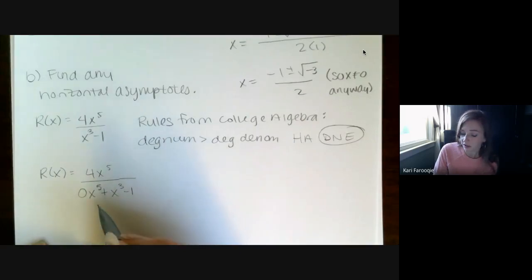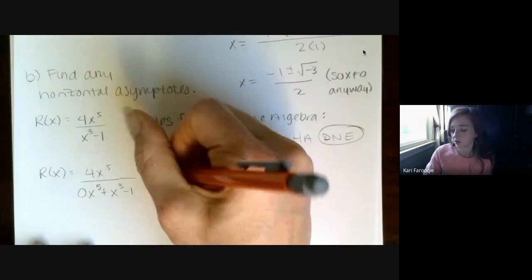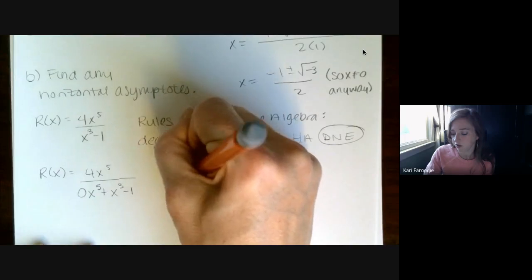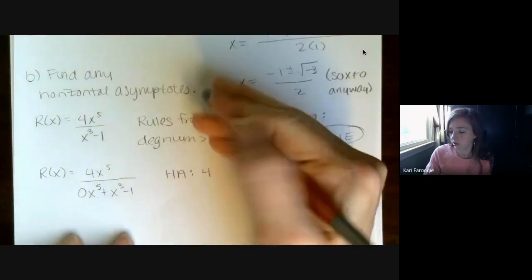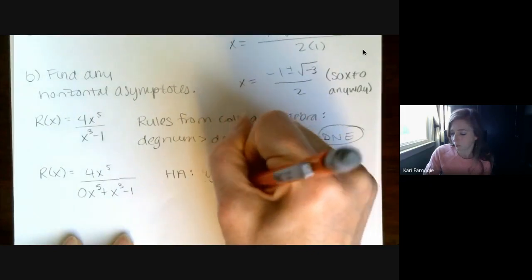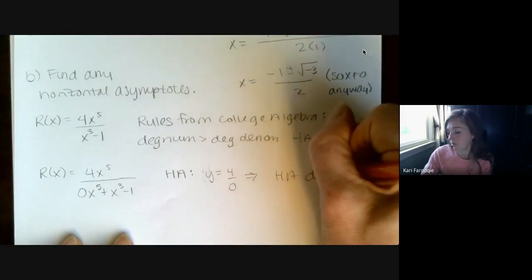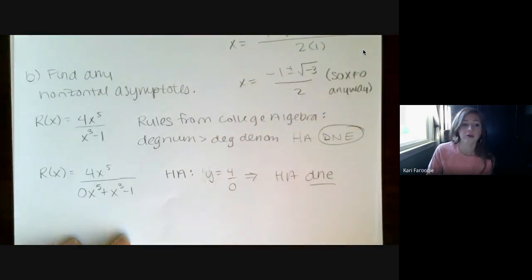The reason I did that was because I want their degrees to be equal, because I know that there's a rule that says that if the degree of the numerator and denominator is the same, then the horizontal asymptote is the ratio of the lead coefficients, which in this case would be y equals 4/0, which means I can't divide by 0. My horizontal asymptote does not exist.